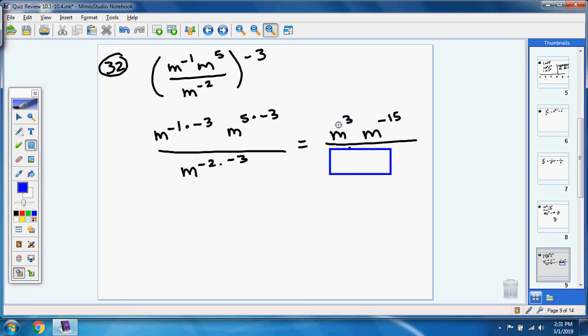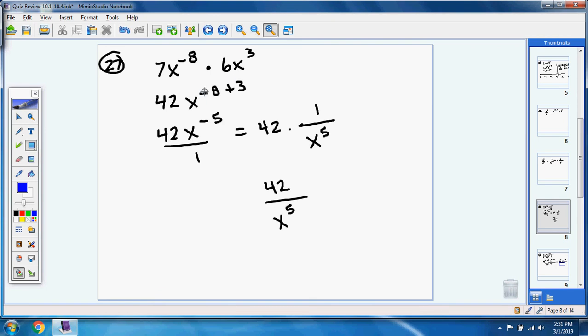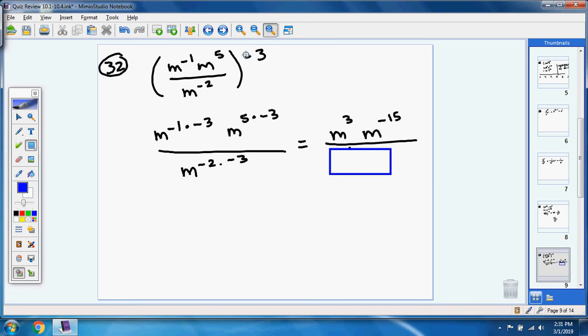The numerator is really similar to what we just talked about here, a -8 and a 3 for the powers or exponents. So I'm going to say, if I were to add those together, that would give me a -12th power from the numerator. Okay, there.